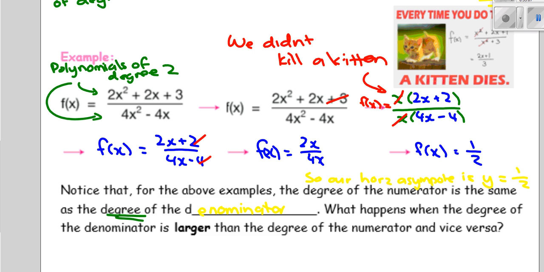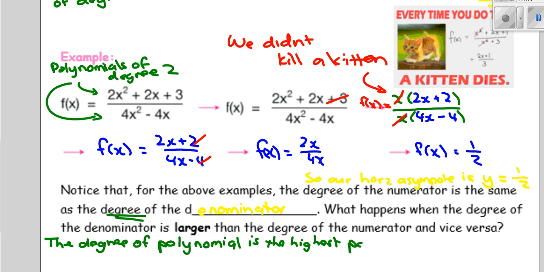So the degree of a polynomial is the highest power of x. Yeah, so that's why these two are polynomials of degree 2. The above ones are polynomials of degree 1. If it's a cubic, it's a polynomial of degree 3.